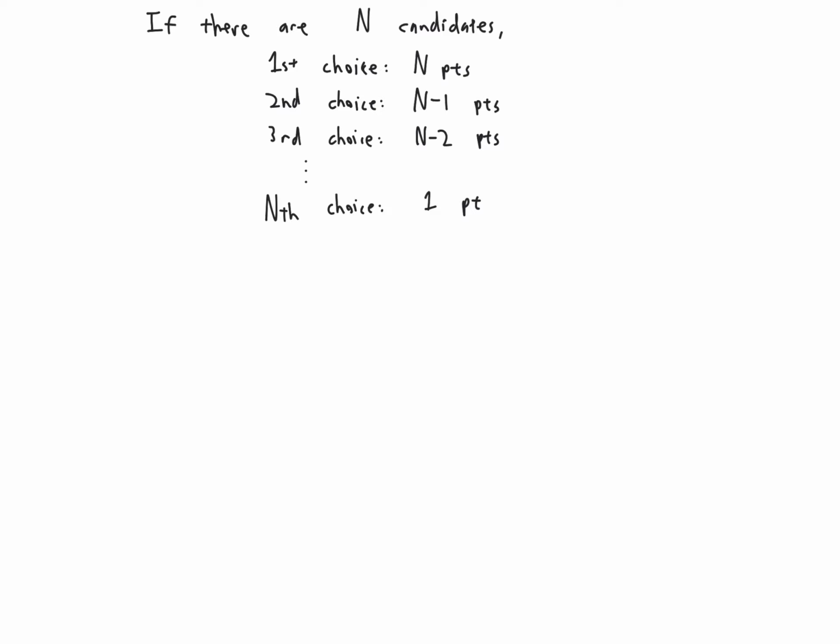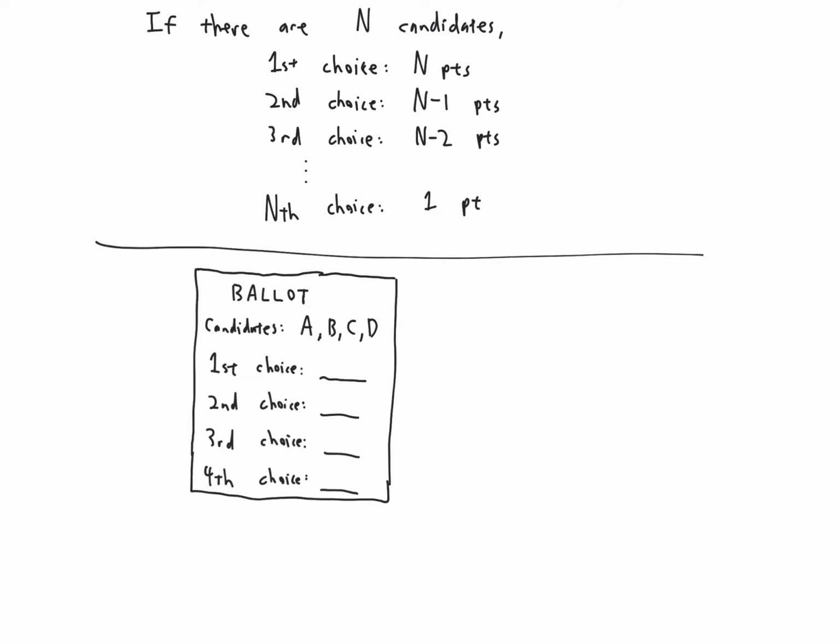So let's look at an example of what the ballot might look like if there were 4 candidates. Remember, in general, this is what a preference ballot looks like. You get to list your choices 1 through 4 if there are 4 candidates, 1 through n if there are n candidates. So let's suppose this voter ranked B first, D second, A third, and C fourth.